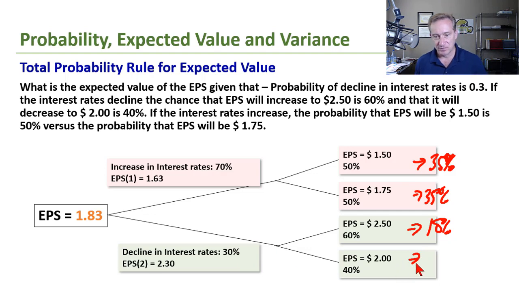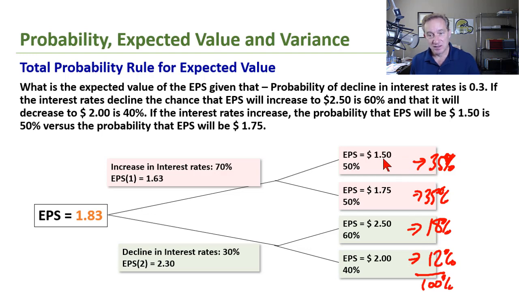And then my 30% times 40% here is jointly 12%. And these are joint probabilities for the four outcomes. So just as a test here, they should add to 100%: 35 plus 35 is 70, plus 18 is 88, plus 12 is 100%. We do have a valid probability distribution here.